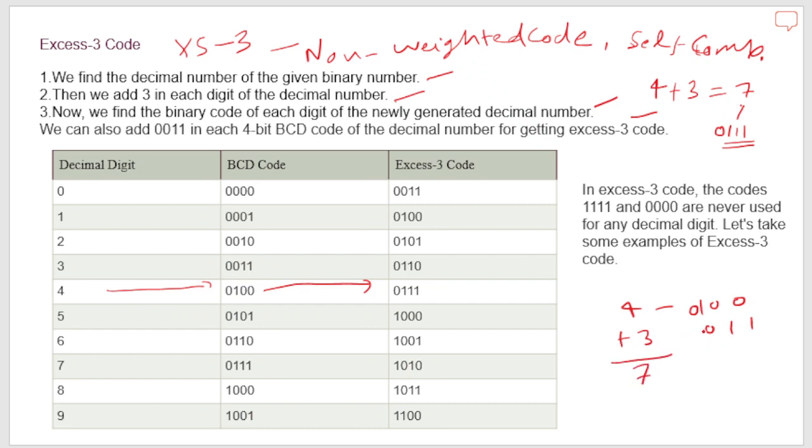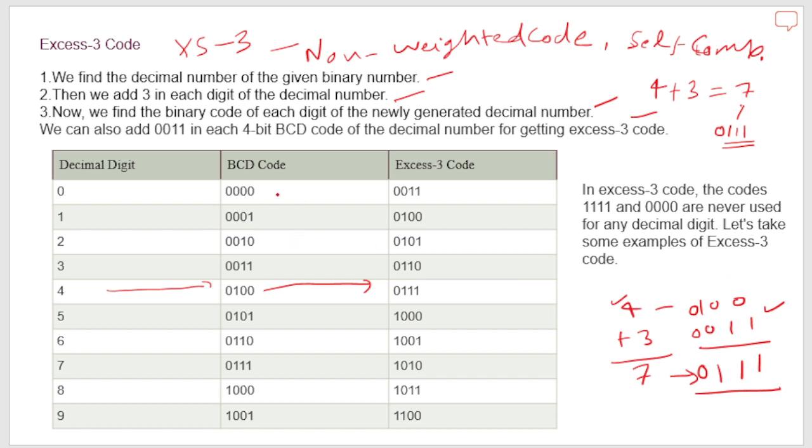If we add this bit by bit, we get 0 plus 1, 1 plus 1, 0 plus 1, 0 plus 0, so we get 0111. So either we add 3 in decimal or we add 0011 in binary, and we get the excess-3 code.